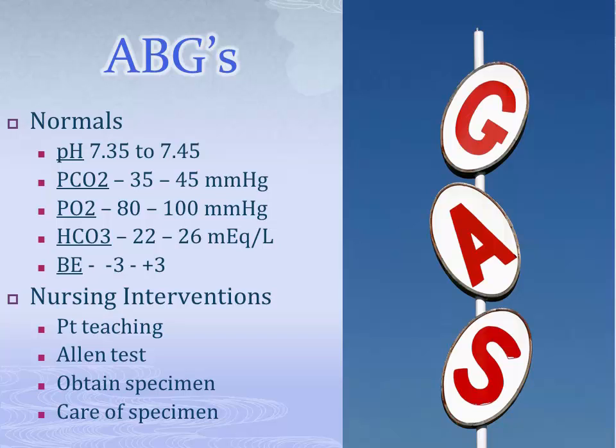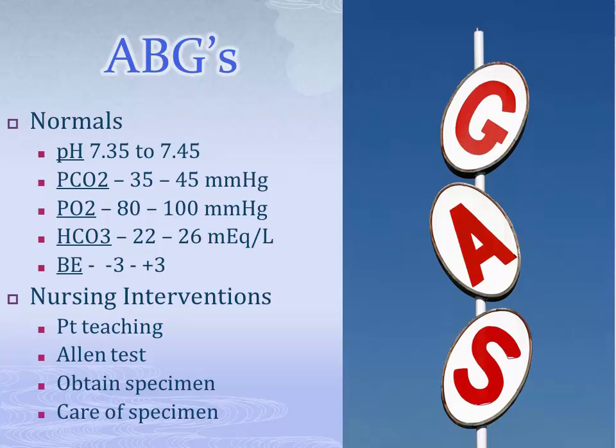Bicarb and pH go the same direction, because if I have a high bicarb, which is a base, it's going to build up the pH. So it's going to increase the pH. So remember that acids lower the pH and bases raise the pH.